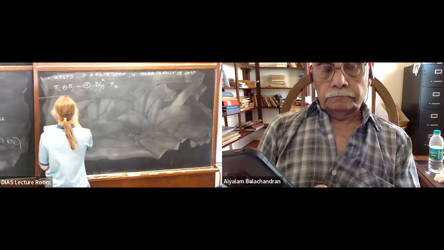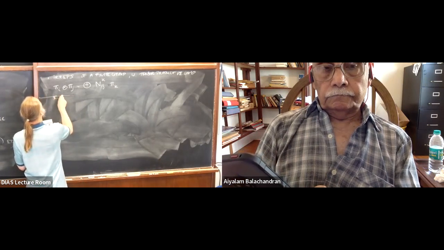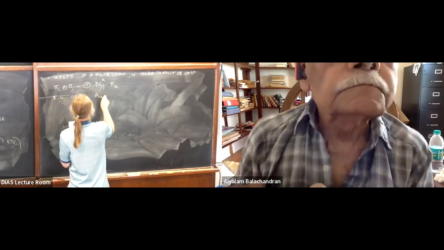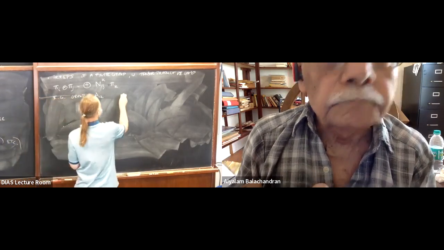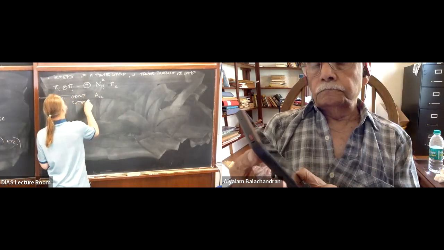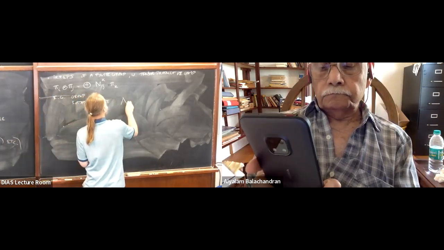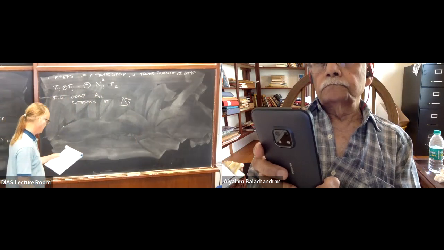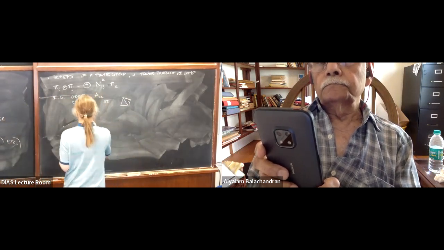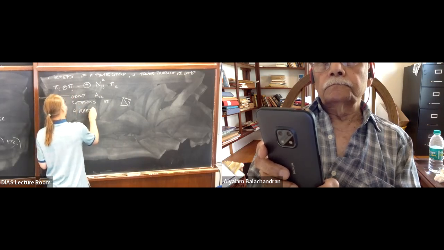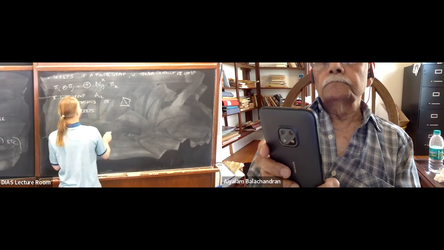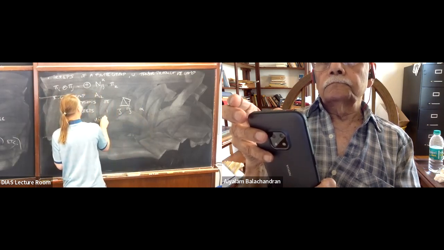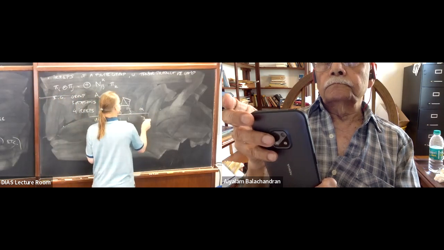So, for example, you can look at the group A4, group order 12, which is the group of rotations of a tetrahedron. This has 4 irreducible representations, which are conventionally labeled 1, j, j bar, and alpha, of dimension 1, 1, 1, and 3.